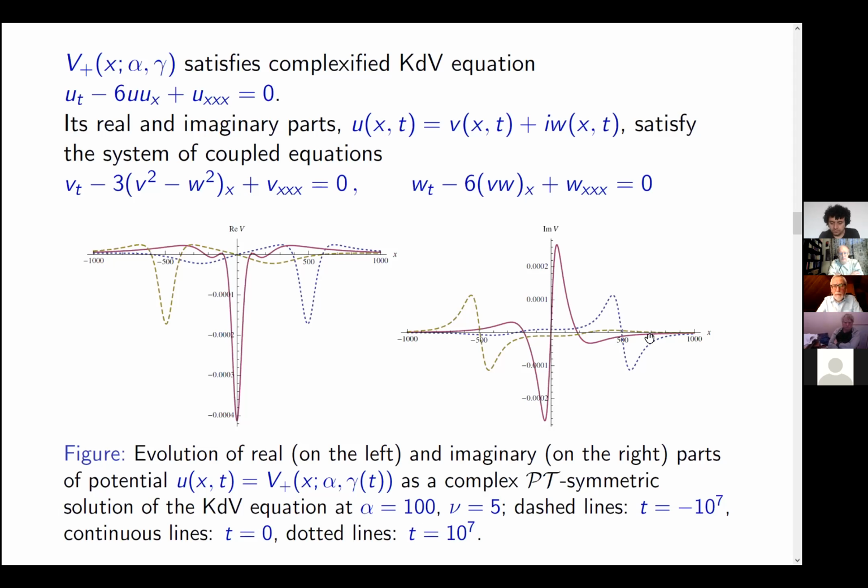And on the right picture, you see the same for the imaginary part of the potential V plus. So you see that by choosing appropriately the parameters in the solution, one can obtain solutions of the complexified Korteweg-de Vries equation which have a typical nature of the extreme or rogue waves.